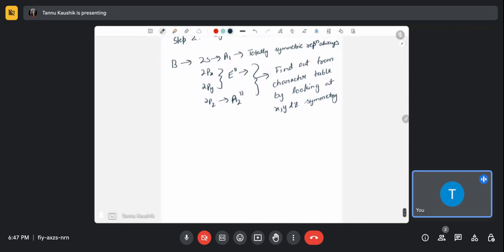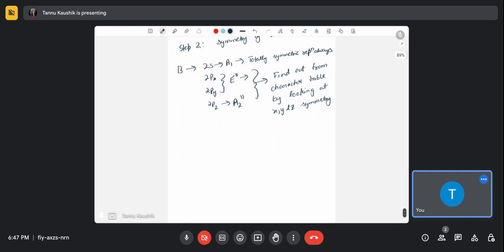Then you will have to find out the reducible representation with the basis of the number of unchanged hydrogen atoms.